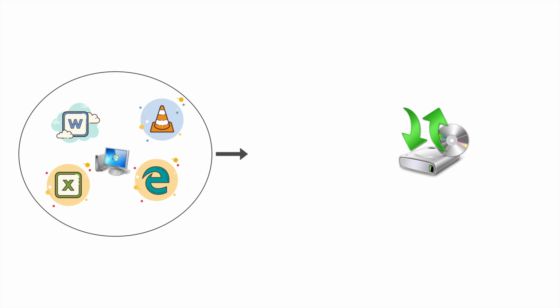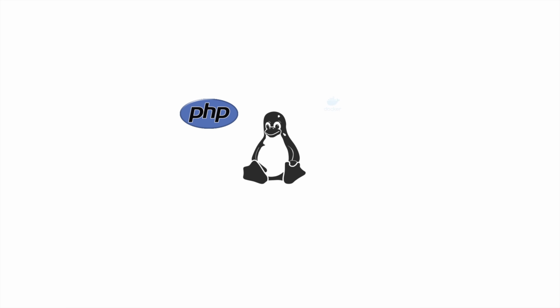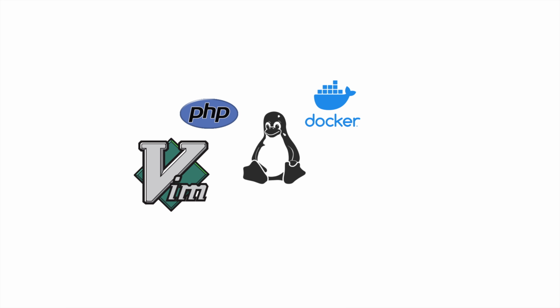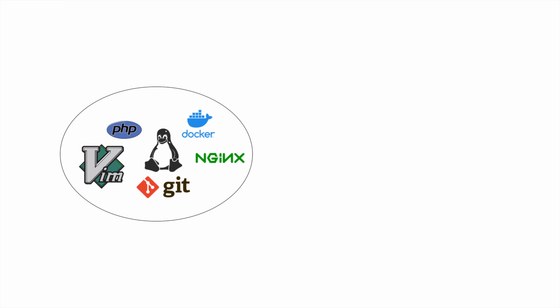Let's say that you need to install PHP, Docker, Vim, Nginx, Git, and so on. It will be time-consuming to do the whole process every time when you want to start or deploy a new project. Therefore, you can do it once and preserve all the configuration. That we call Docker image, and its definition we would keep in Docker file.